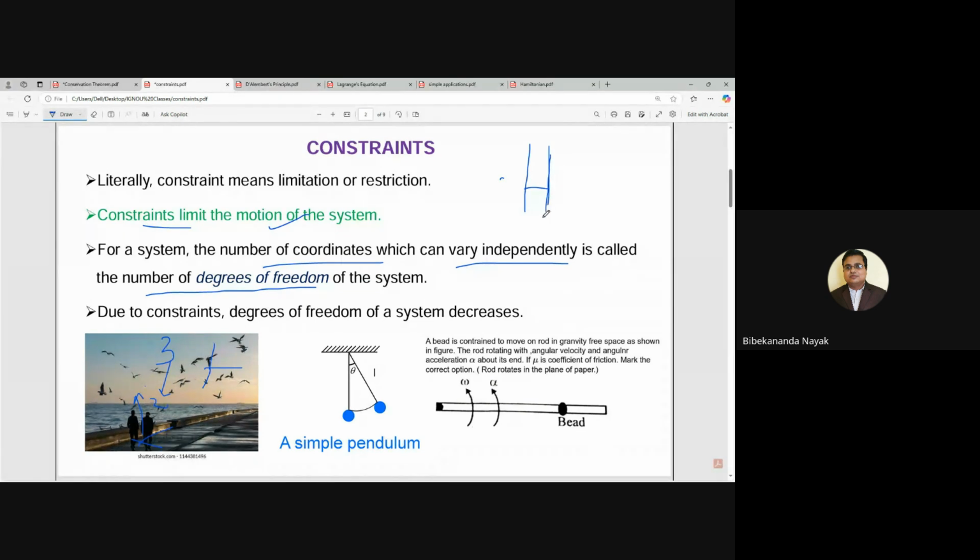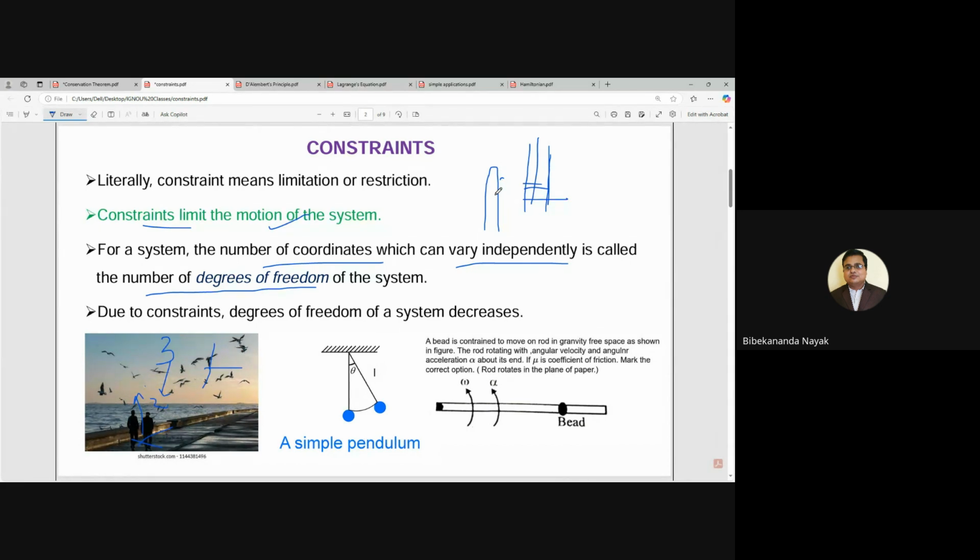You can change only its position. If the ladder is straight, your degree of freedom is 1. Only one height you can change. But if the ladder is slightly tilted, then you have to know 2 coordinates. It behaves as a plane. So we need 2 coordinates. Your degree of freedom is 2, not 3.